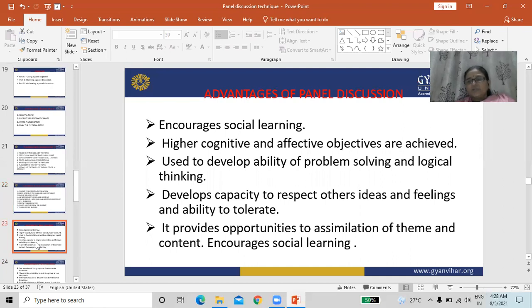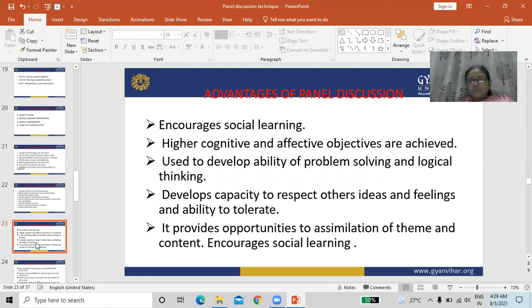Advantage of panel discussion. Encourage social learning. Higher cognitive and affective objectives are achieved. Used to develop ability of problem solving and logical thinking.